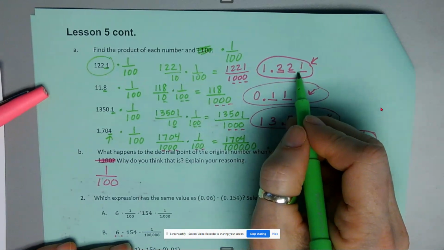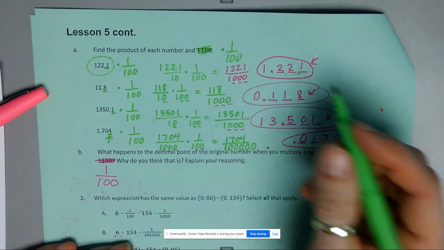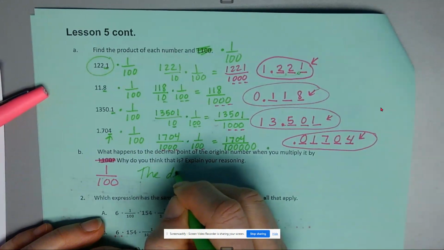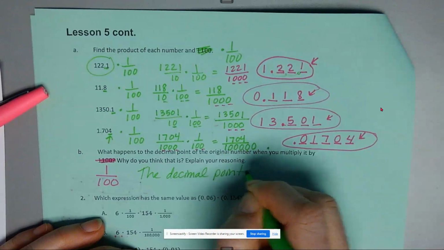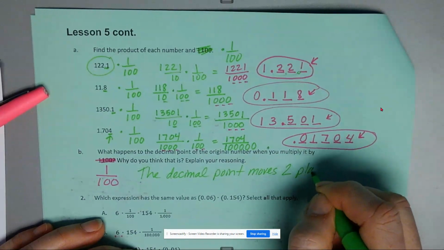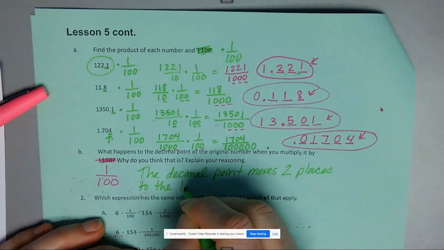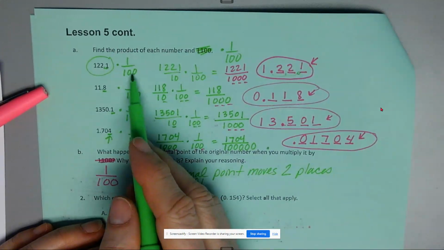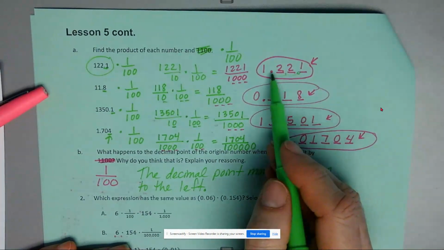So our decimal point started here and it's moved 2 places to the left. The decimal point moves 2 places to the left. Our number also becomes 100 times smaller.